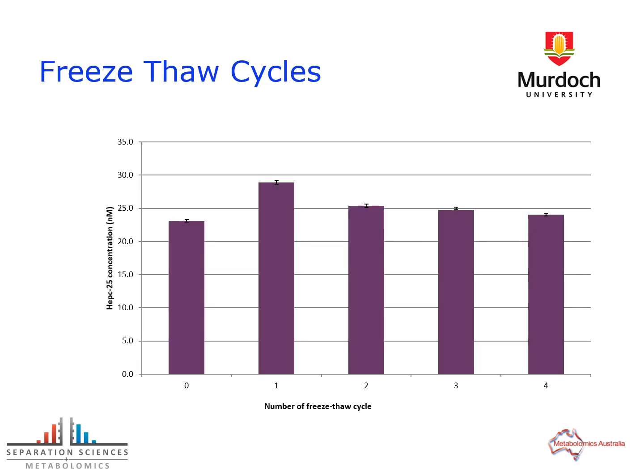And the other thing that's really important is the number of freeze thaw cycles. So here we can see that if we take a urine sample and process it straight away, we get the value associated with 0. But if we put it through the first freeze thaw, we get a slightly higher value, and this would be associated with the fact that as we undergo that first freeze thaw process, some of the proteins would precipitate, and in the process would release some hepcidin that they would be binding.